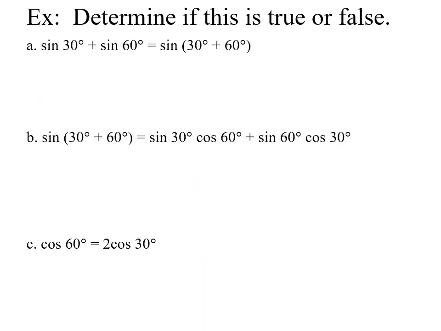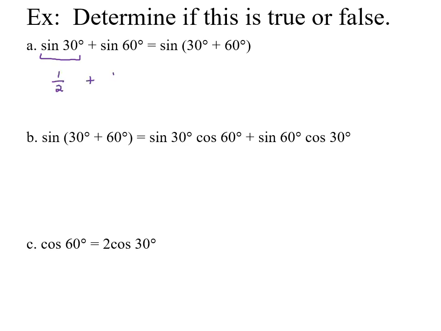Okay, this says determine if these are true or false. And again, you could probably do this in a calculator if you wanted to. Sine of 30 plus sine of 60 equals sine of 30 plus 60. If you were to do sine of 30 off of the triangle, or off the chart that we wrote down earlier, sine of 30 degrees is 1/2.